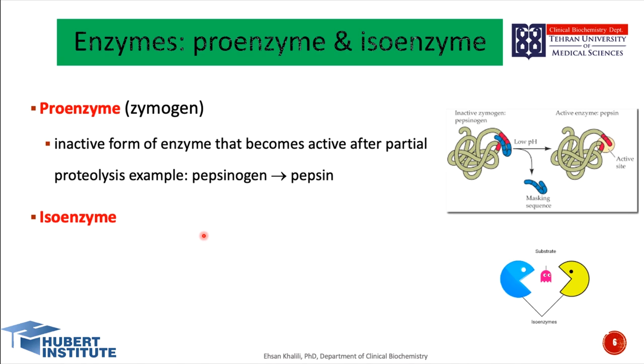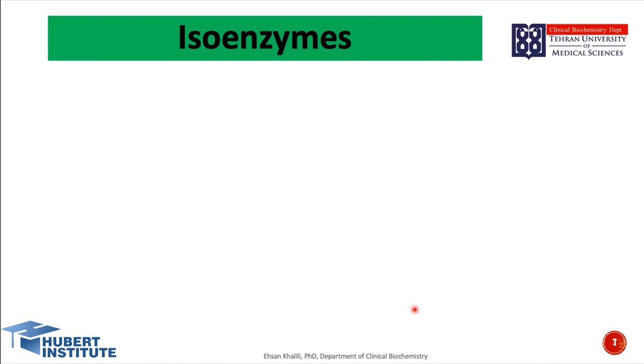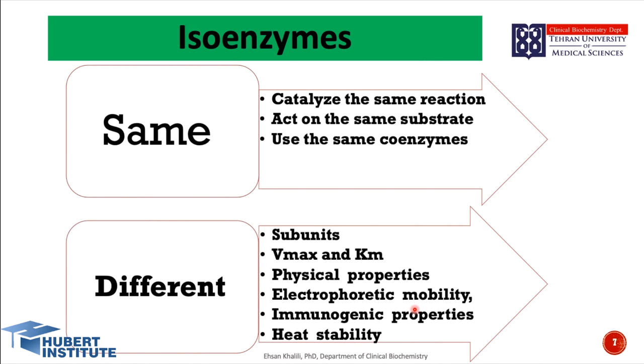The next term is the isoenzyme. Actually, they are different molecular forms of the same enzyme synthesized by different tissues. They act on the same substrate. Here, I want to compare the similarities and differences between isoenzymes. About their similarity, they catalyze the same reaction, act on the same substrate, and use the same coenzyme. But about their differences, their subunits are totally different.